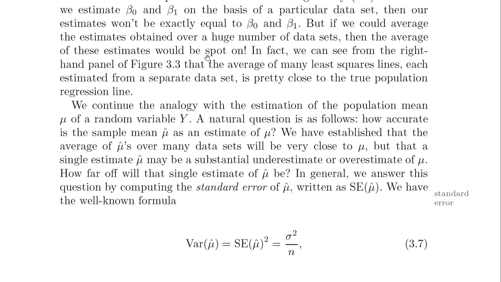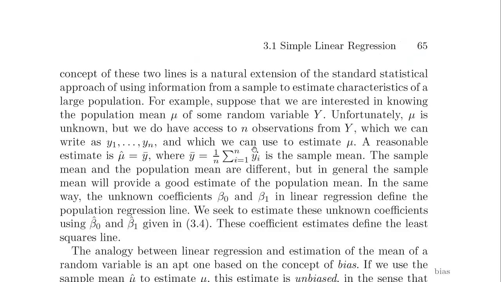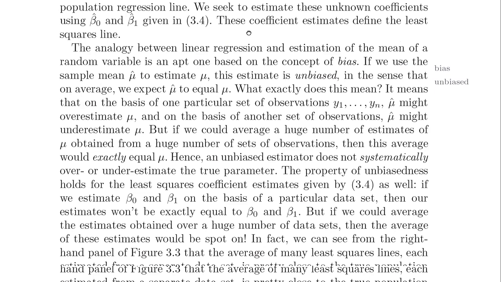In fact, we can see from the right-hand panel of figure 3.3 that some of the blue are above the red over here, some of them are below. And if you average all these blue lines out, now these are only 10 of them, you would get closer to the red line. The red line is the true relationship, the population regression.